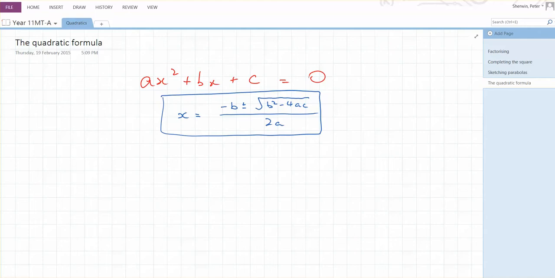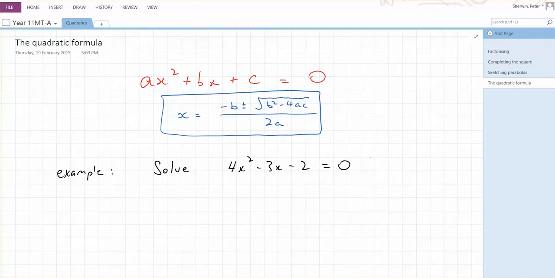So if we have a look at an example where factorising will not be an option. Solve this quadratic, 4x squared minus 3x minus 2 equals 0. Okay, so at the outset we look at this and try and factorise it. That's always the best method.